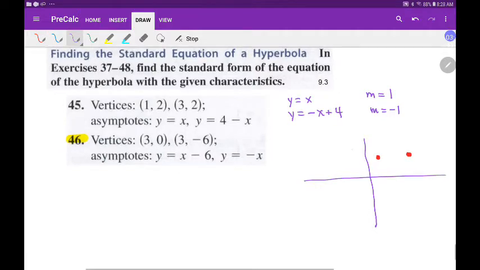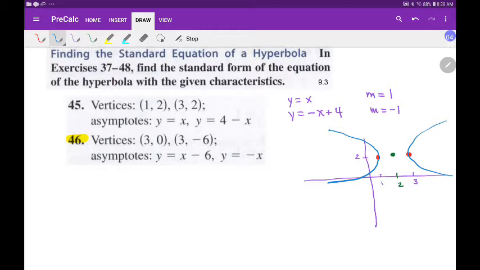So I'm at 2, and I'm at 1 and I'm at 3, and my center must be at 2, 2, right? And this thing is looking kind of horizontal to me. So it's going to do something like this, right?